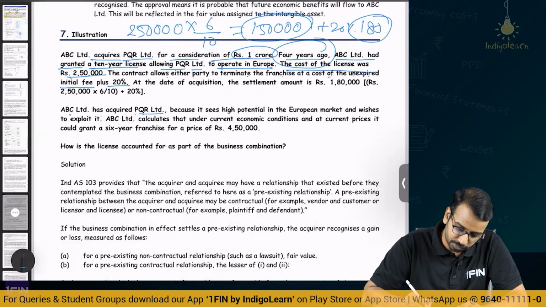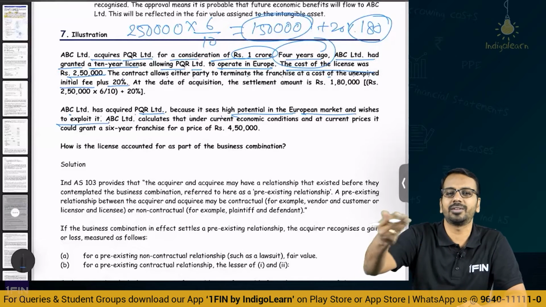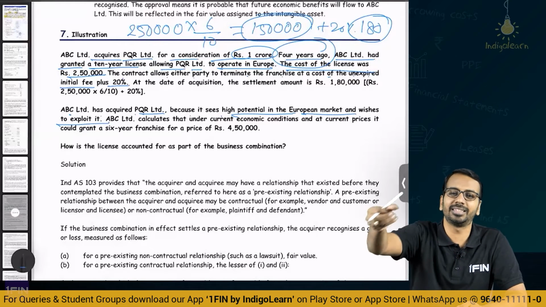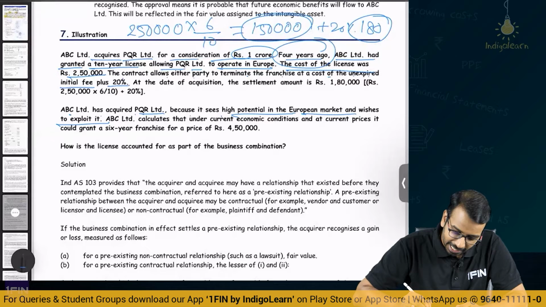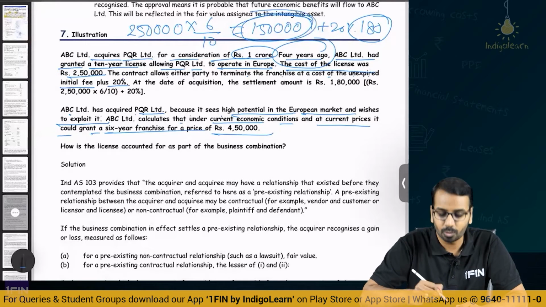ABC Limited has acquired PQR Limited because it sees high potential in the European market and wishes to exploit it. Why should I give it to franchisee? I will only acquire it. Penalty, take this 20% penalty. ABC calculates that under current economic conditions and at current prices, it could grant a 6-year franchisee for 450. See, unexpired value is 150.